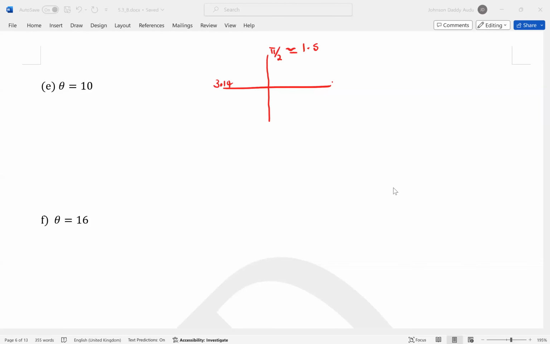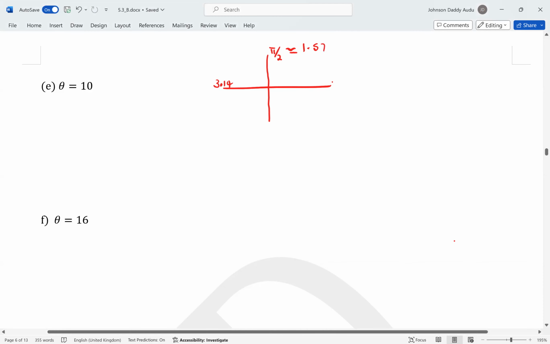So here, we want to use the approximate values of pi, right? All right, so here, pi over 2 is approximately 1.57. Here is the position of pi. So pi here is approximately 3.14.